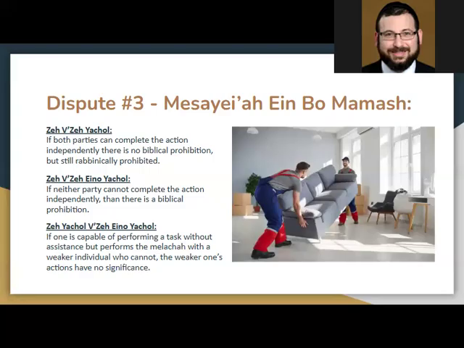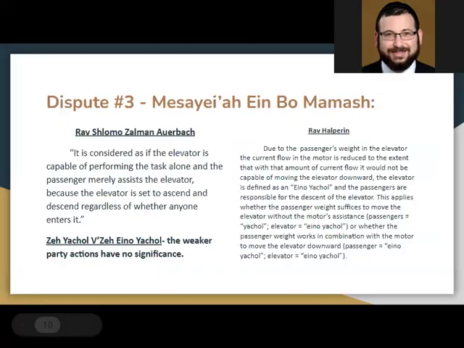He could not have done it on his own, and therefore his actions are considered to have no significance whatsoever. That is Rav Shlomo Zalman's argument that riding in an elevator, even if you are assisting the motor, does not constitute a problem. However, Rav Halpern disagrees.